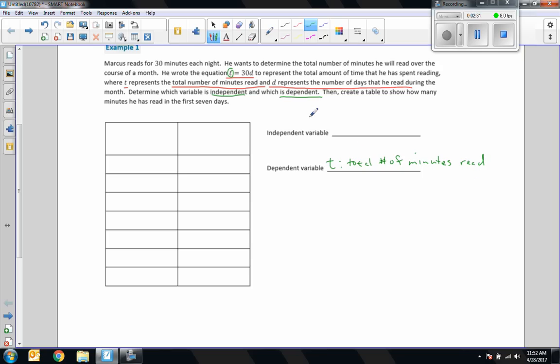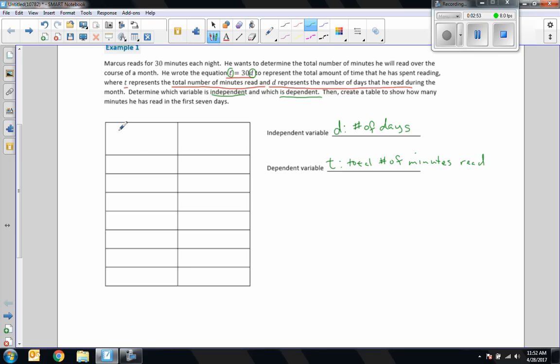The independent variable is the variable that we're going to plug into the equation, and T depends on what we put in for D, and that's why we call them dependent and independent. So the independent variable is D, and D represents number of days.